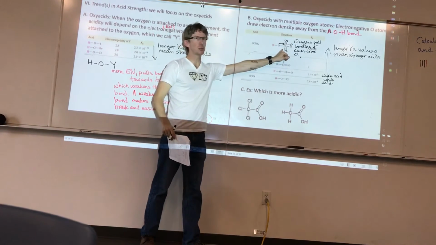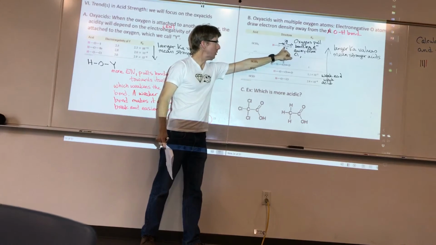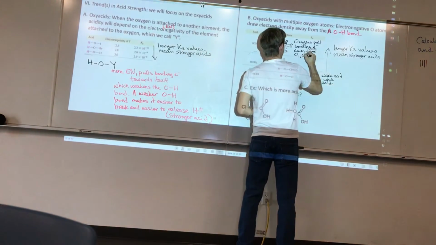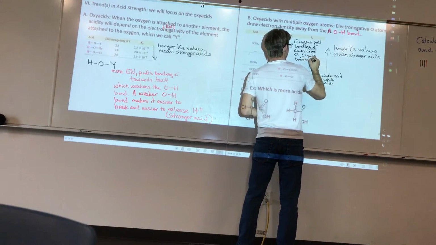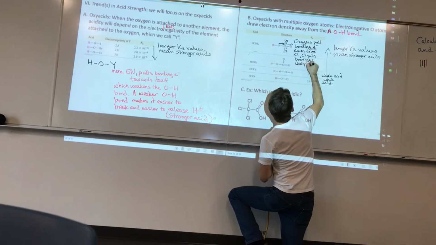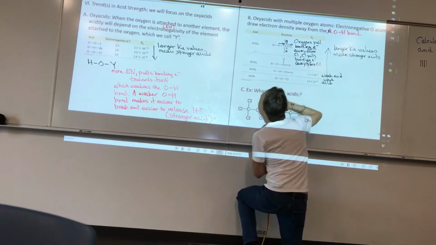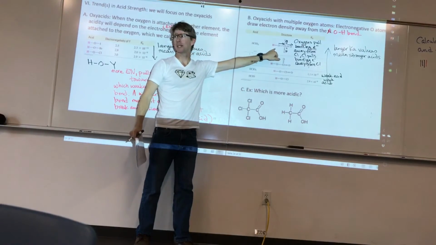Then the Cl will pull bonding electrons away from the O, which weakens the OH bond.